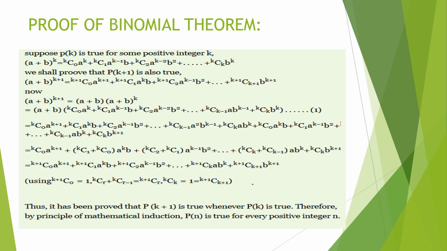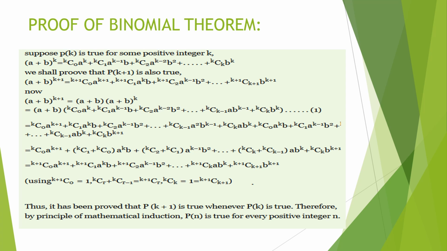So first term will be kC0 a^k into a. So how can you write that? kC0 a^(k+1). Second term will be a into kC1 a^(k-1) into b. So how can you write that term? kC1 a^k into b.